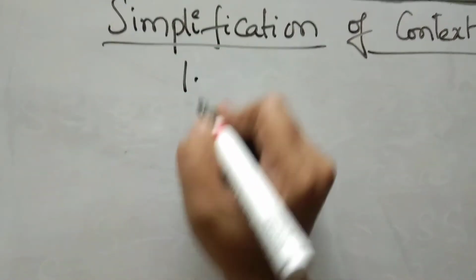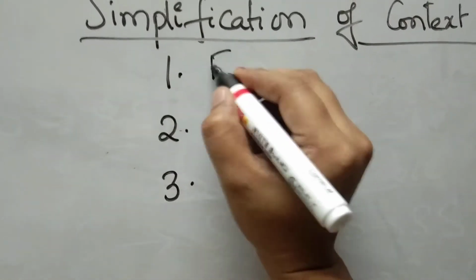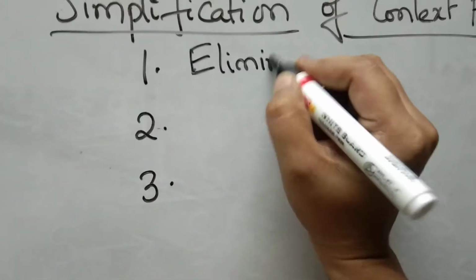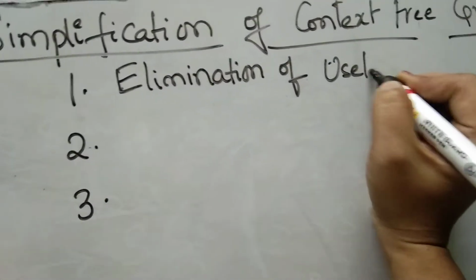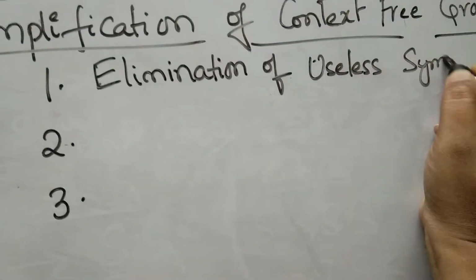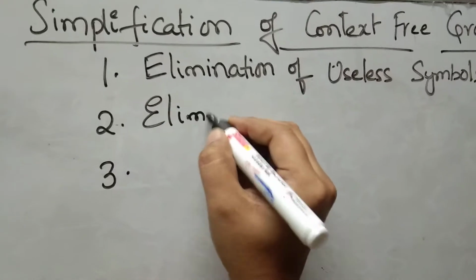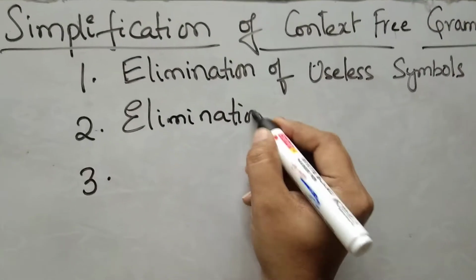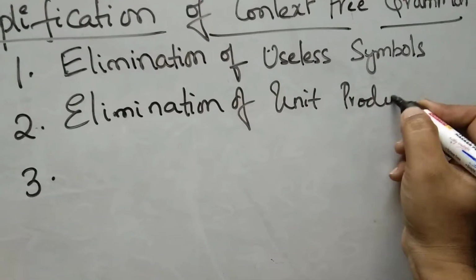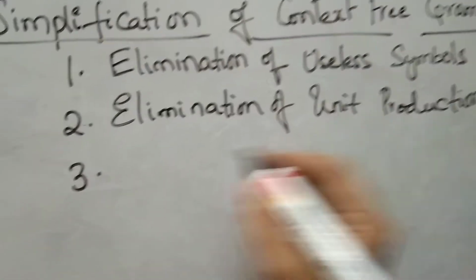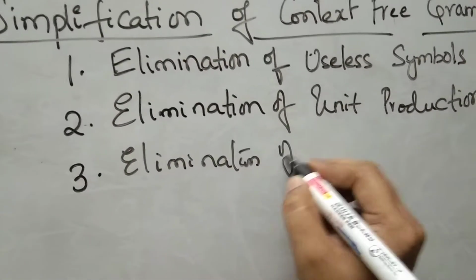We can simplify grammars in three different ways. One is elimination of useless symbols, the second one is elimination of unit productions, and the third one is elimination of null productions.